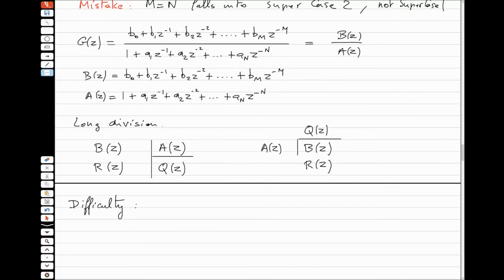Regardless of whether you do it the Latin way or the Anglo-Saxon way, polynomials must be written in reversed order.